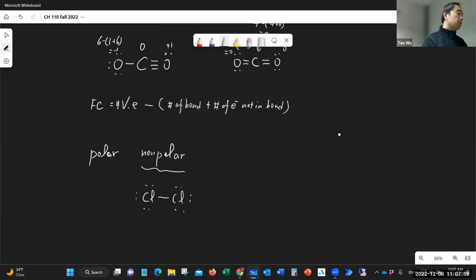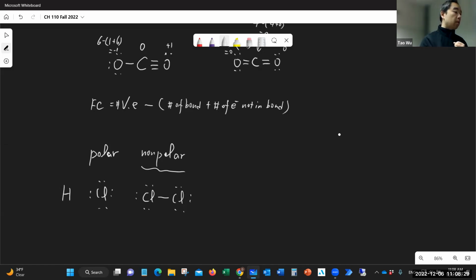But for polar molecules, it's because they have a difference in electronegativity between different atoms, hydrogen and chlorine. Chlorine is stronger than hydrogen, so chlorine is going to pull the electrons more towards it. In other words, the hydrogen is going to have less share of the shared electrons.